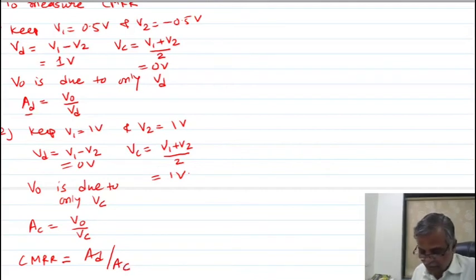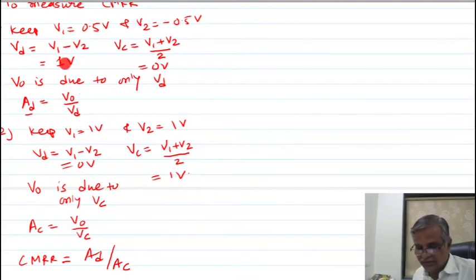Listen again. I want to find the CMRR of the op-amp. I keep the input voltage V1 as 0.5 and V2 as minus 0.5. So the differential voltage is 1 volt and common mode is 0. Measuring the output voltage, it is due to only Vd, so I get the differential gain, output upon differential input. Then keep V1 as 1 volt and V2 as 1 volt. So the differential voltage is 0, common mode is 1 volt, and the output voltage is due to only the common mode signal.